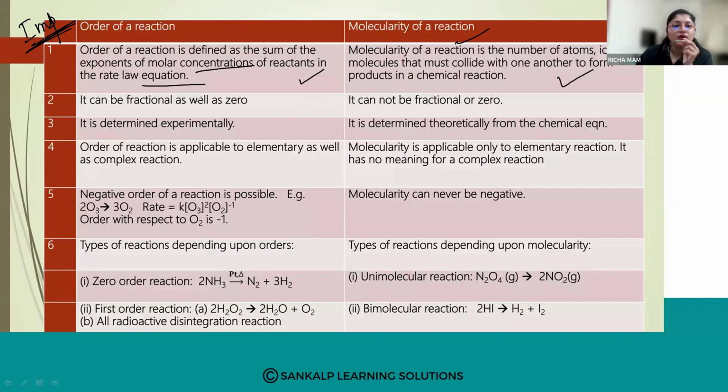Then the order of reaction can be fractional as well as zero. We have seen this, right? So order of reaction can be a fraction also. What do you mean by fraction? 1 by 4, 3 by 2, 1 by 2. So these are the fractions.